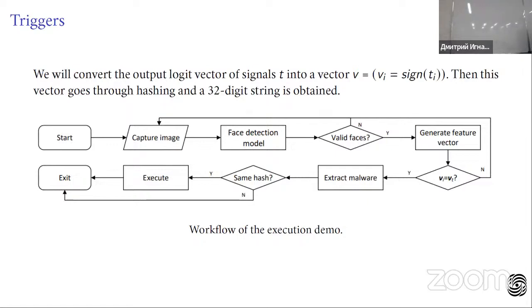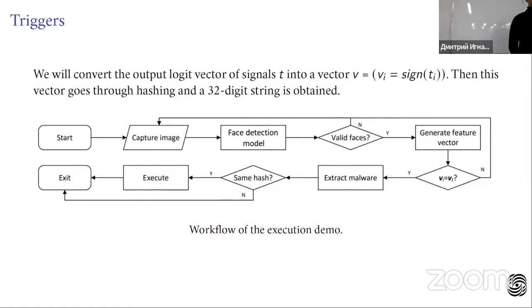We take the penultimate layer before the last softmax, the logits, and we compare the logits to stored ones. For example, if you want the malware to be executed on a specific image, we can take its logits, save them, and then compare on inference. If they are the same, then the malware is executed.